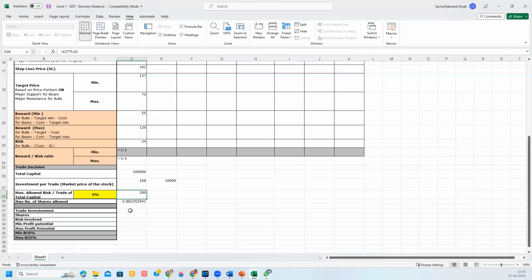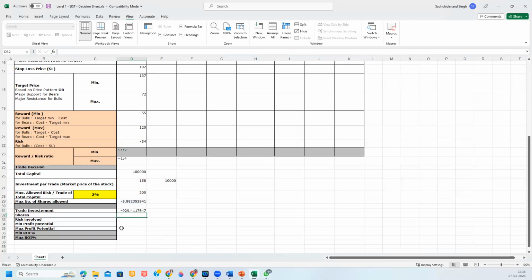Now, based on my total capital, I can decide how much total investment I want to do. The total investment will be the number of shares times the cost per stock, which is 158 rupees.